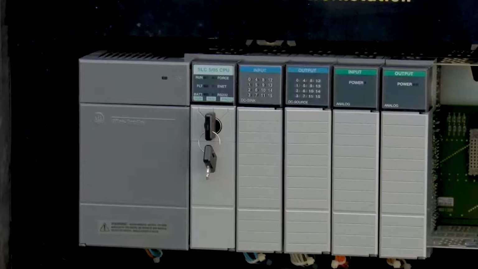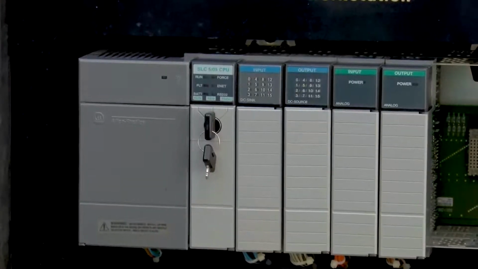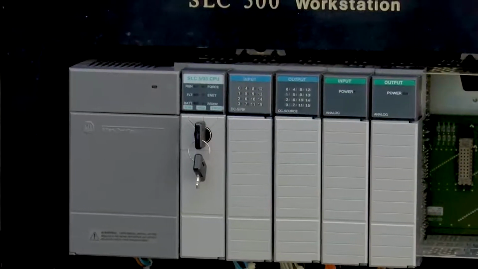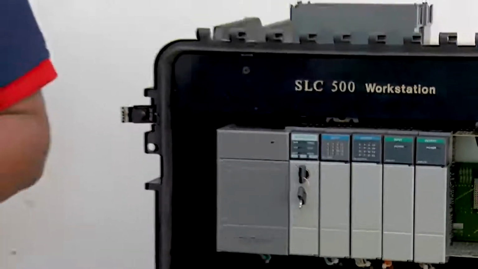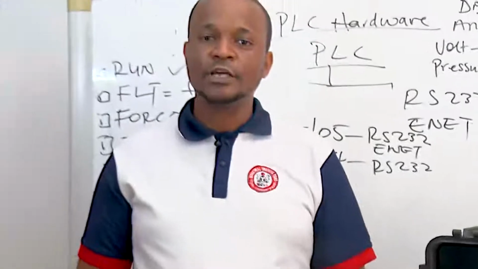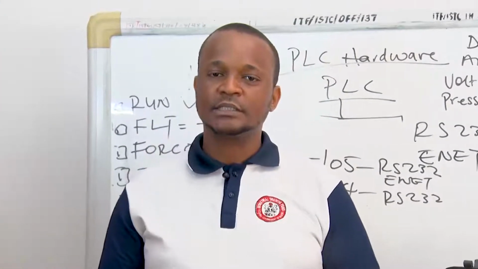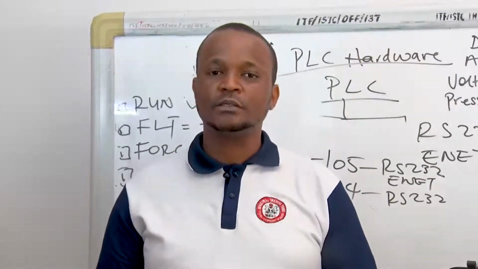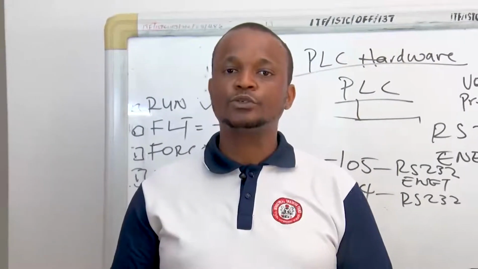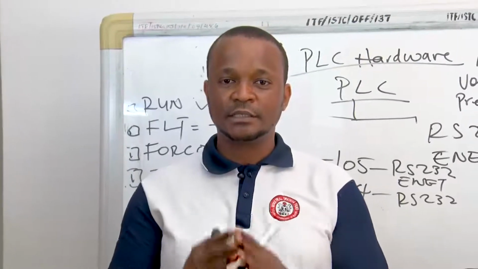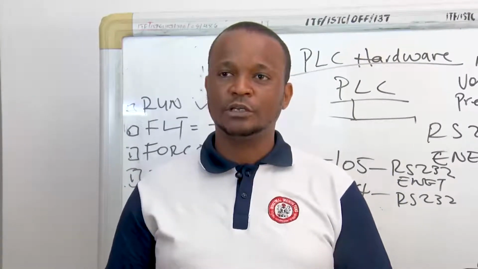And we listed also the components that make up the input and output of the PLC hardware. So try your hands on some of the practice questions, as well as ask your supervisor in your factory to also show you some of the hardware of the PLC that is obtained in your industry.